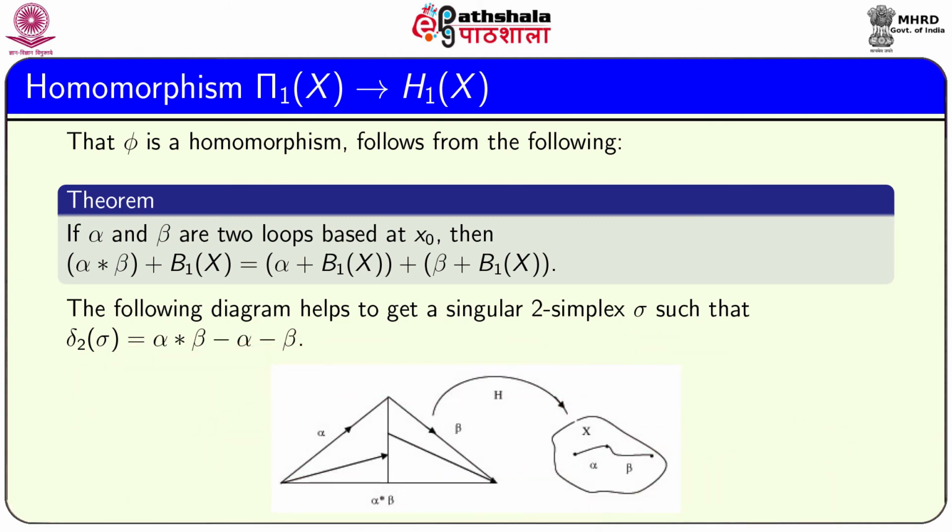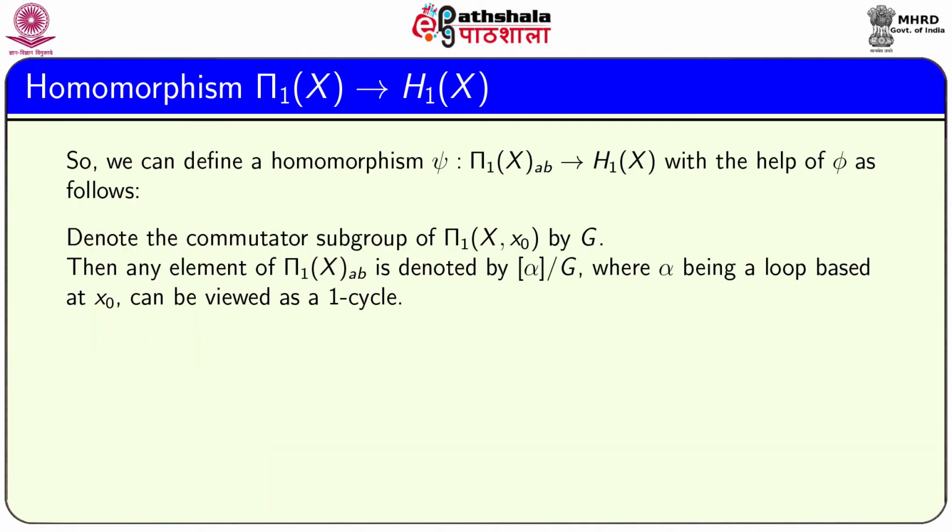This diagram helps us determine a singular 2 simplex sigma such that delta 2 of sigma is equal to alpha star beta minus alpha minus beta. So, we can define a homomorphism psi from the Abelianization of pi 1 x to H1 x with the help of the given homomorphism phi.